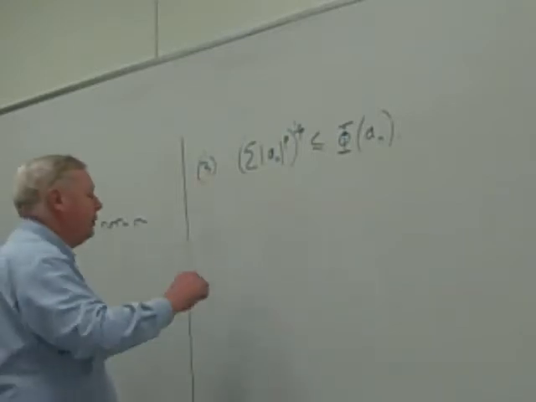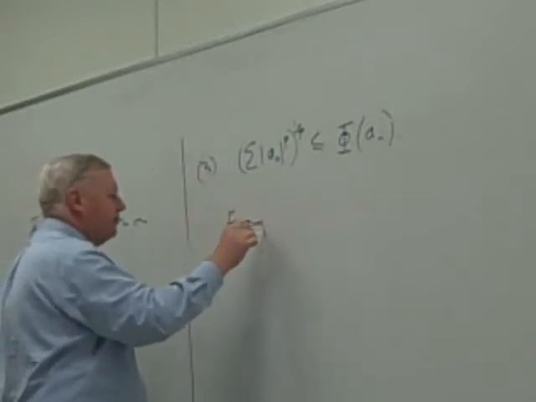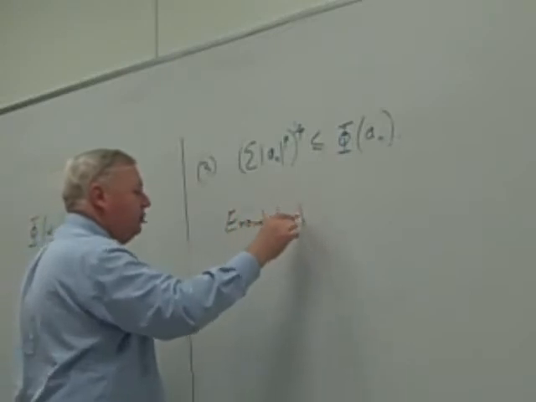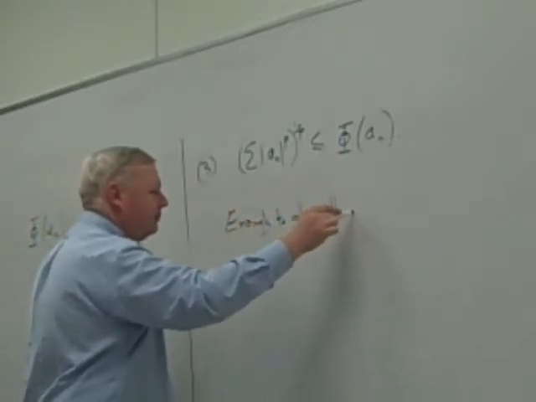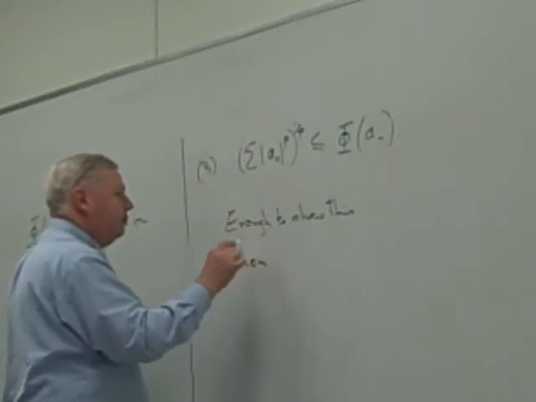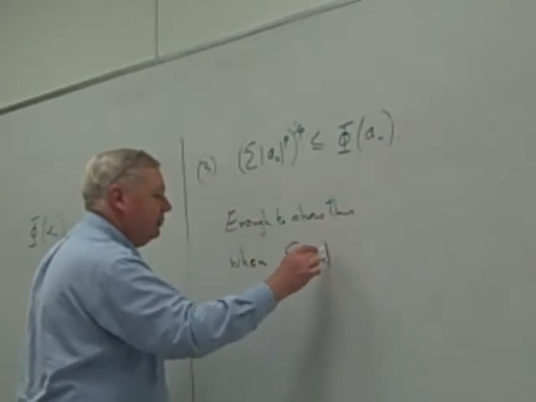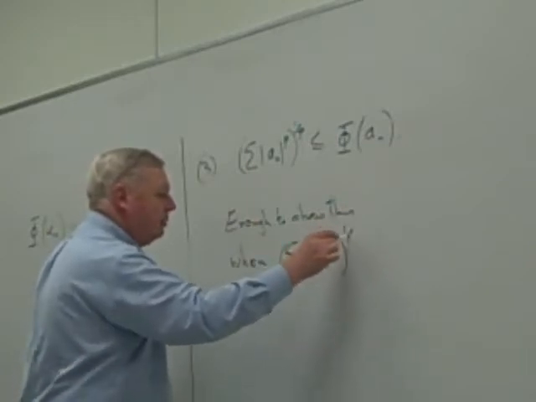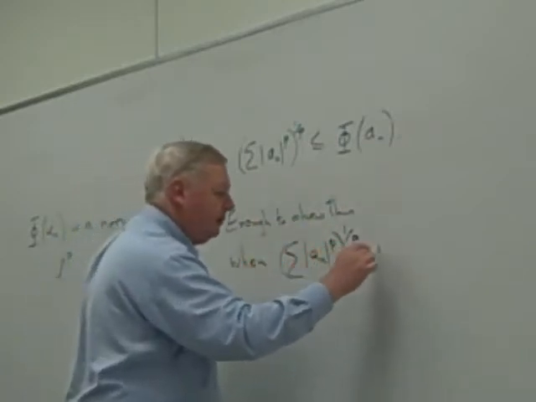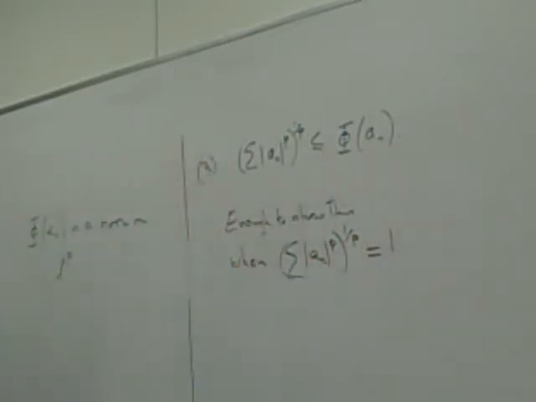So it is enough to show this when the sum of a_n to the p, to the 1 over p, is equal to 1.